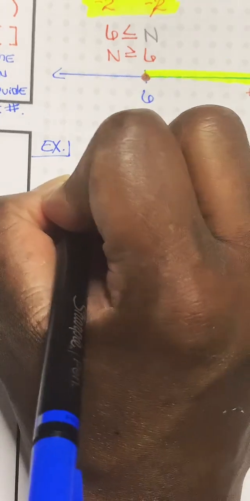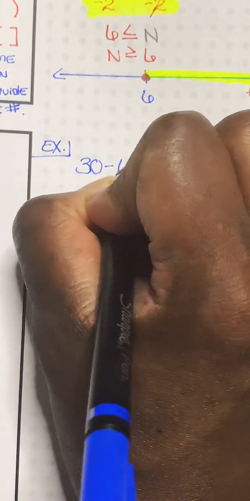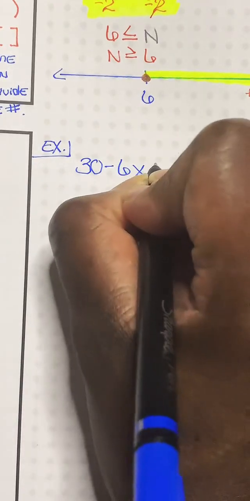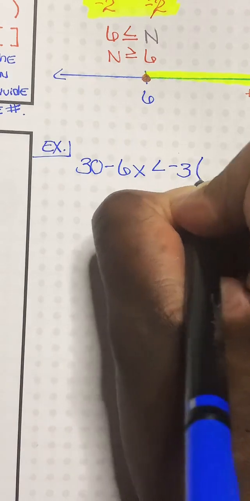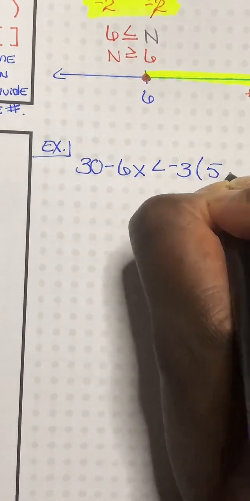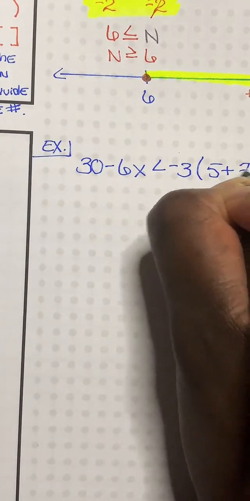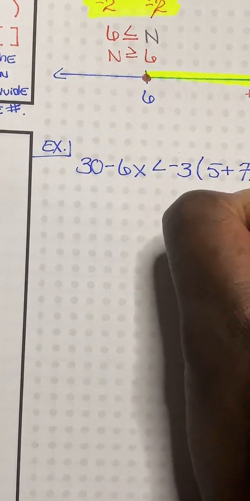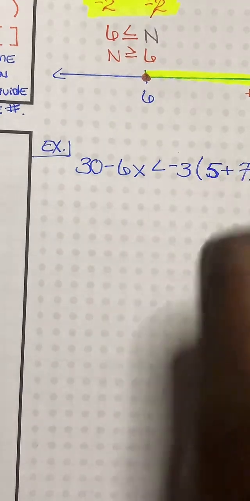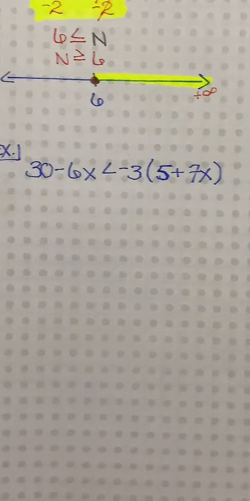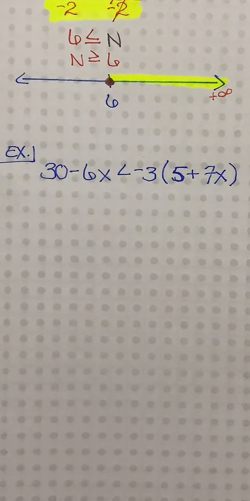So we have 30 minus 6x, which is less than negative 3 times the quantity 5 plus 7x. You're probably like, oh, good God, Audrey, you didn't have to step up that much. But, yeah, I did.